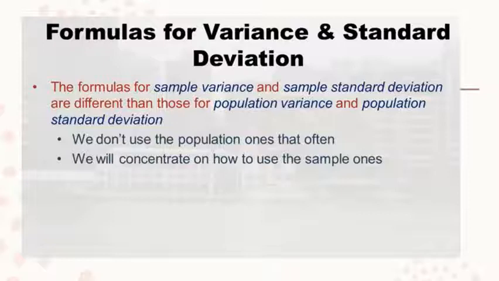And the reason for that is because I told you guys before that using the whole population is just not as common. We usually don't take census, and we usually don't use census data for our studies. We normally are going to create a sample. Okay, so that is why the sample variance and sample standard deviation are a lot more common, and you're going to be using that a whole lot more often, more than likely.